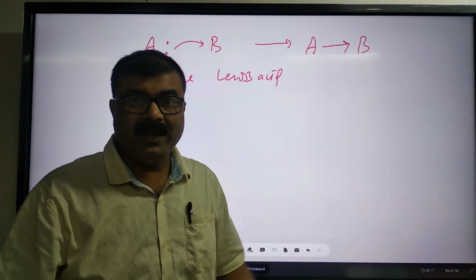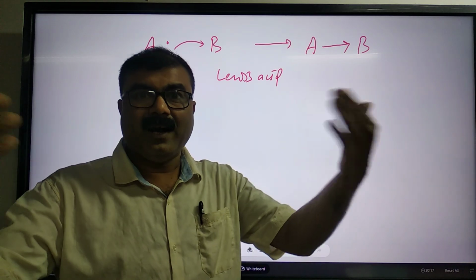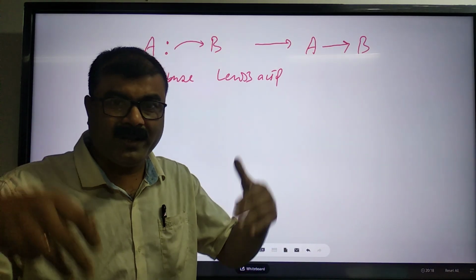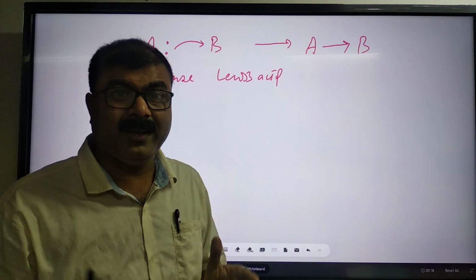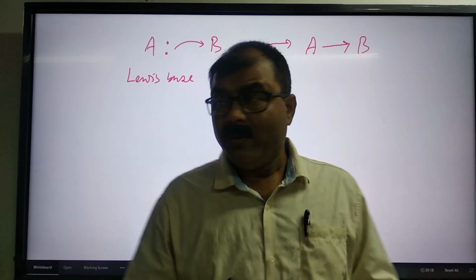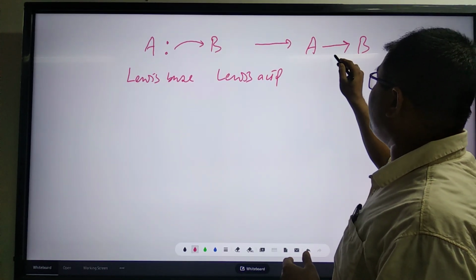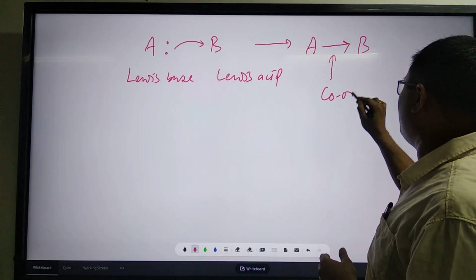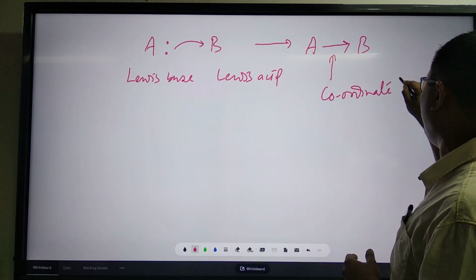You are bonded to me. That is why now you are watching my class. You are attending my class. I am bonded to school. I am taking my class. Bonding. This is a relationship. Now, here one relationship has been formed. That relationship is itself called a coordinate bond.